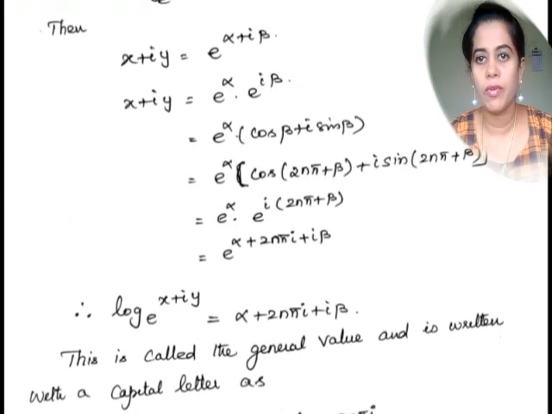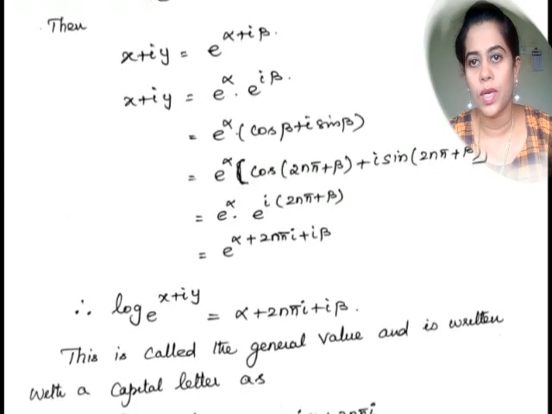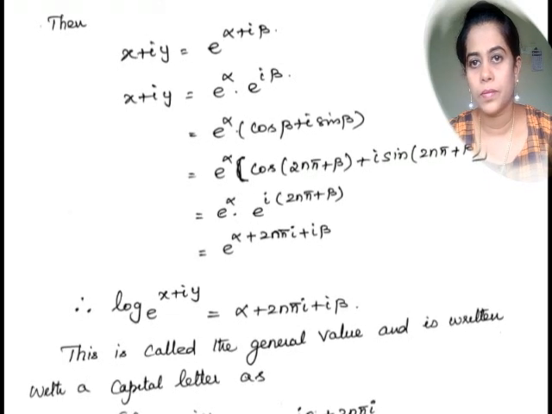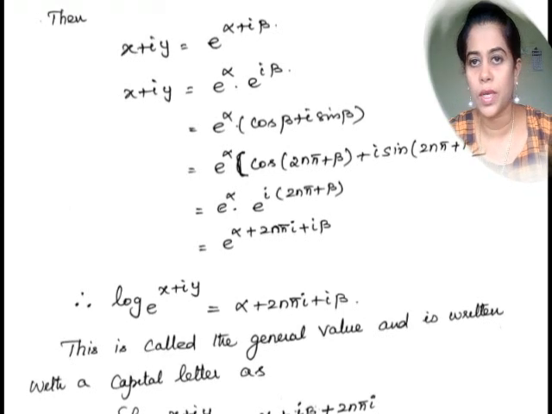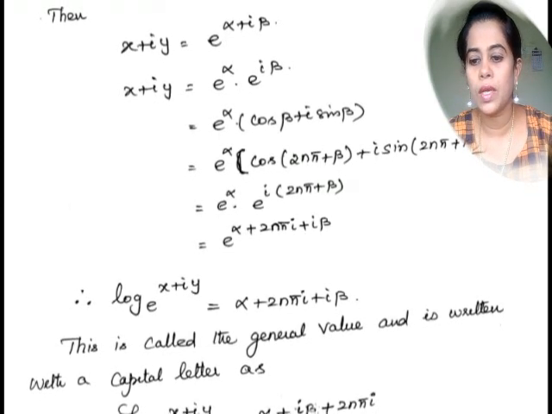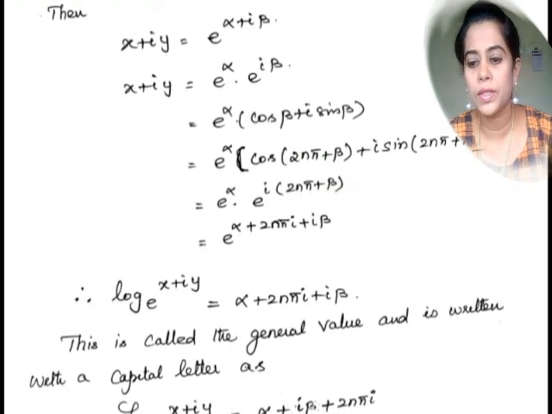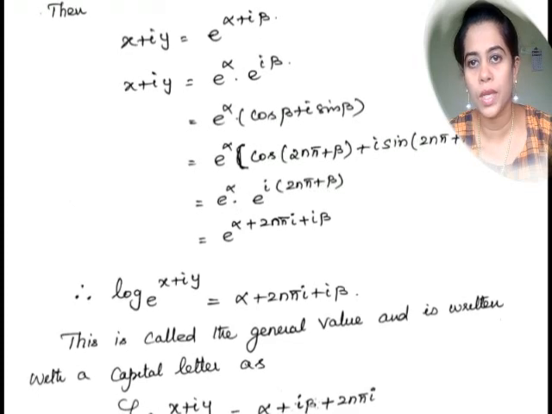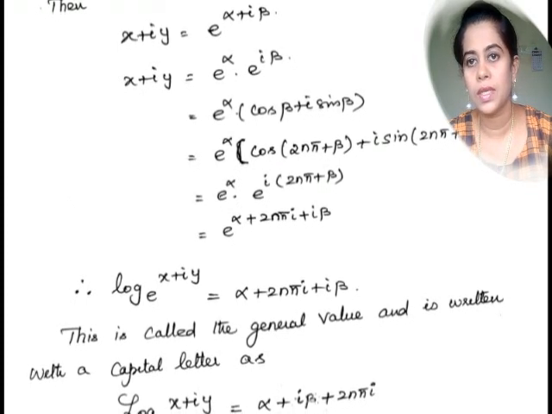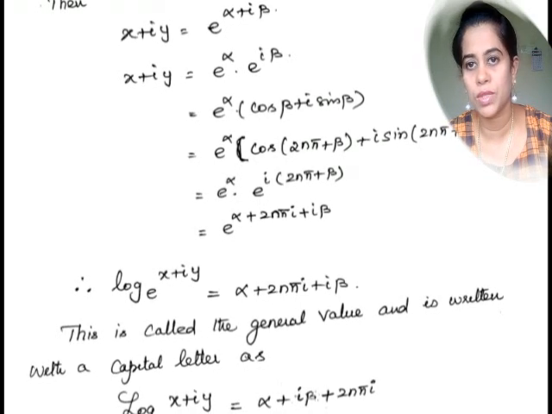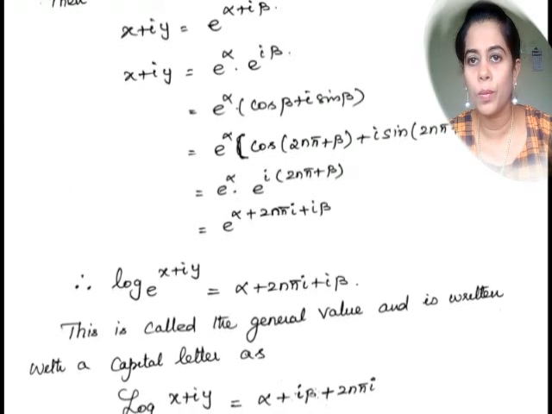So that comes under the first quadrant, which is cos of 2n pi plus beta. When I take n equal to 2, this is again 2 times 360, when n is 3, 3 times 360, like that. It won't change the value.